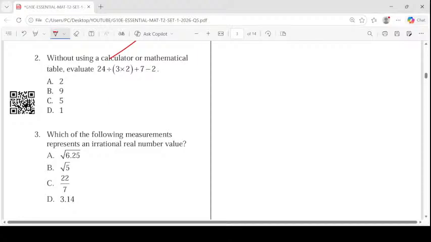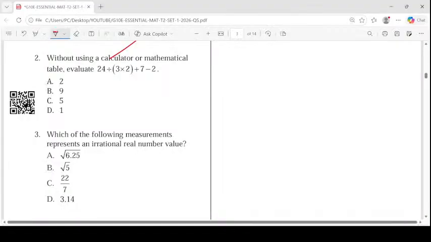So ladies and gentlemen, whenever you have a question that has more than one operation, that is, we have here 24 being divided by, open brackets, 3 times 2, then plus 7 minus 2, we are going to follow what we call the BODMAS.